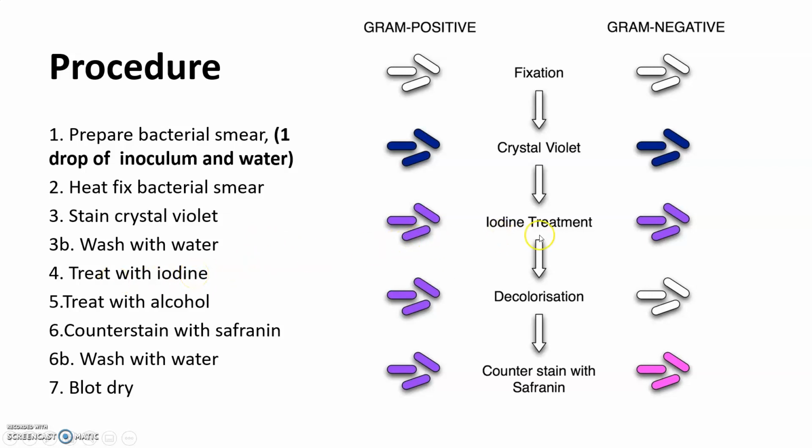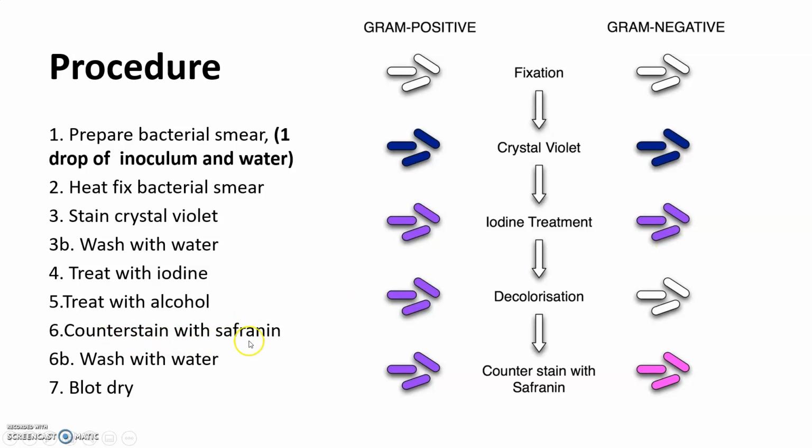And now what happens is, once you treat with iodine, if it's gram-positive, it's going to stay purple. However, this is where it's going to differentiate between gram-positive and gram-negative. Once you move on to treat with alcohol and the decolorization phase, the gram-negative is going to lose that purple color.